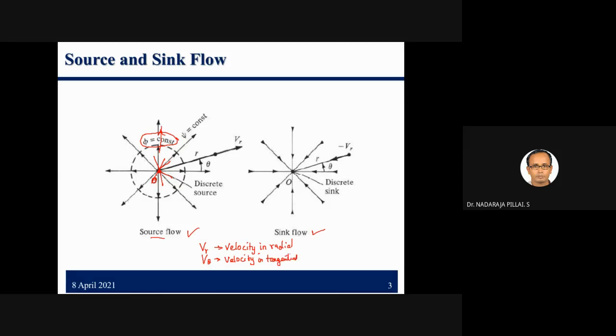Since the streamlines are emanating from the origin, we don't have a flow in the tangential direction, so we consider the tangential velocity to be 0.